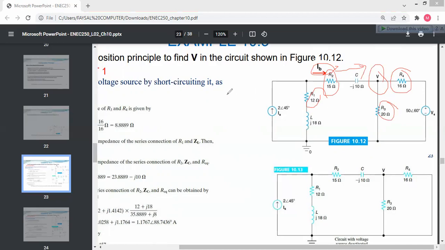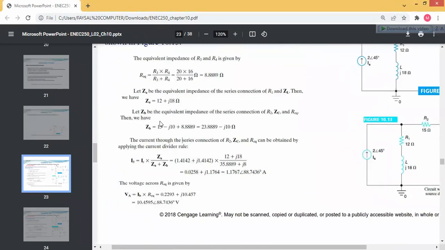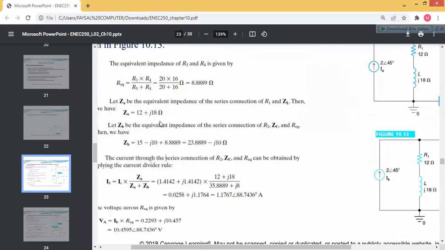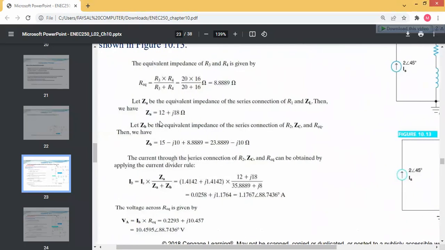So my VA will be equal to IR, so VA will be the value of IB with R being my R equivalent value. So this is the way to find the value of voltage. Is it clear? Yes. Okay then, so for this I have to find the value of R equivalent.